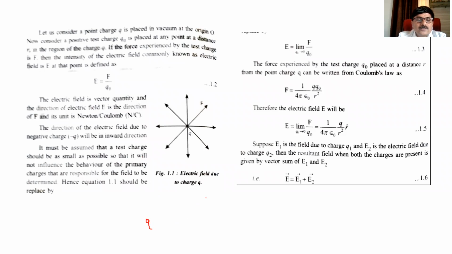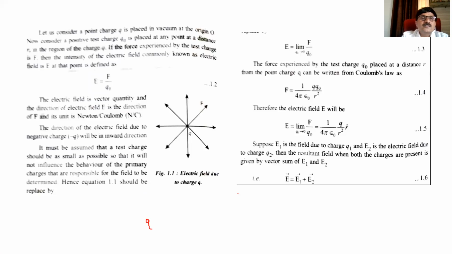So there is a certain region within which you can experience this electrostatic force of attraction. That specific region is called the electrostatic field. But we can define this in a more simplified way.